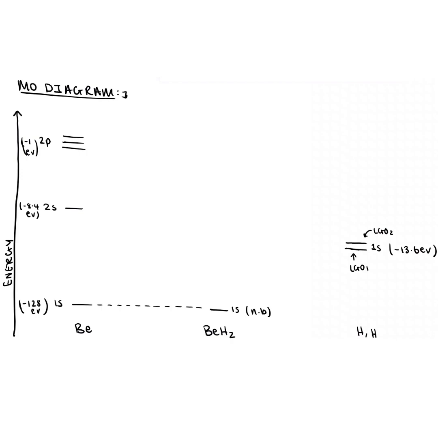The bonding molecular orbital is lower in energy than both atomic orbitals, and the antibonding molecular orbital is higher. We draw dotted lines between the molecular orbitals and the atomic orbitals they came from to show how they were formed.